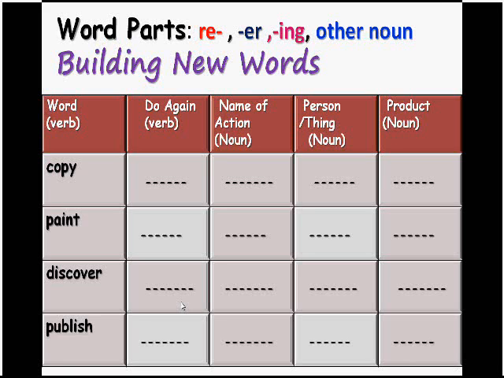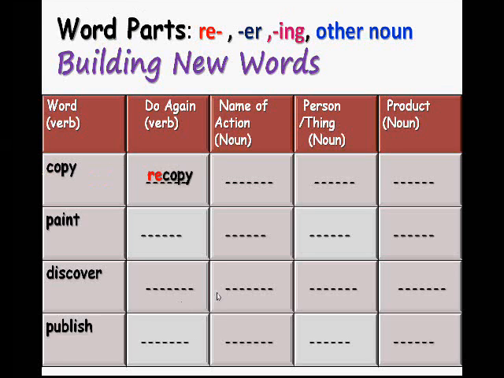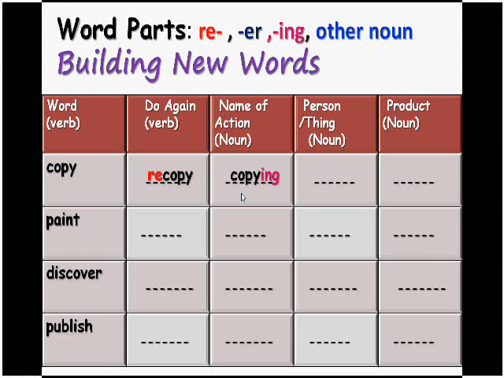So in the table, I have do again, which is a verb, and of course when we do something again, it should be what? Re. So my root is copy. So recopy means to copy again. Okay? Then name of action, which is a noun. Remember when we said what should I add to a verb to give me the name of action? Sure, it's the ing. So it's going to be what? Copying. Yeah?